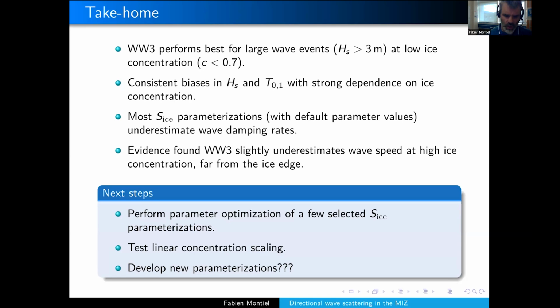There's evidence that it might not be, based on observations. And then potentially we might need to develop new parameterizations to improve the ones that are currently there, which I would argue none of them is likely to do the job consistently for all types of ice conditions and wave conditions. And that's me. Thanks.